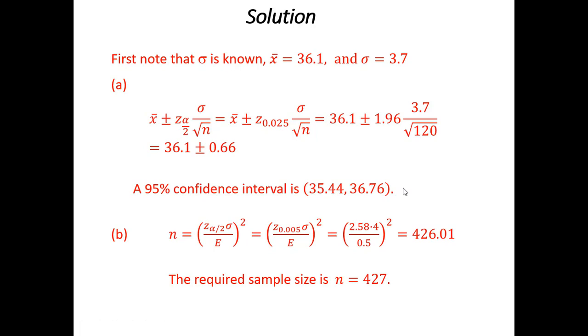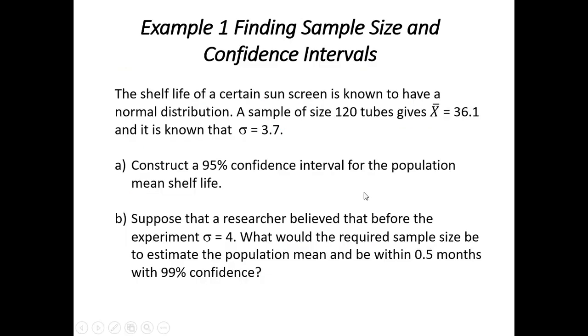Okay, again, in part B, we are told, suppose a researcher believed that, before the experiment, the population standard deviation is 4. What's the required sample size to estimate the mean? Want to be within 0.5 with 99% confidence.